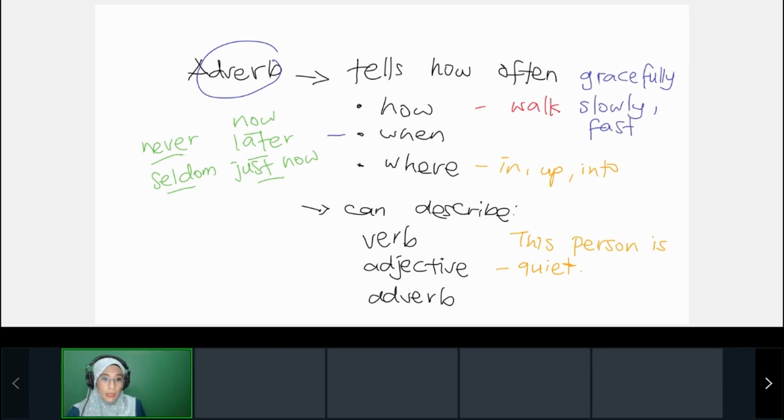So you can also say this person is strangely quiet. When you add on strangely, it makes the word quiet kind of more creepy, right? This person is strangely quiet.